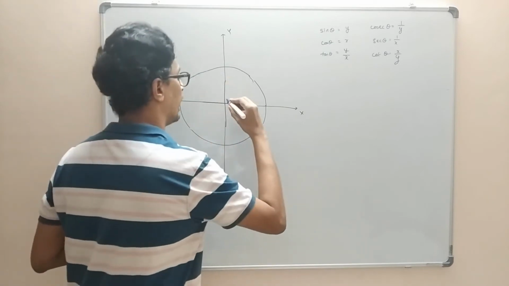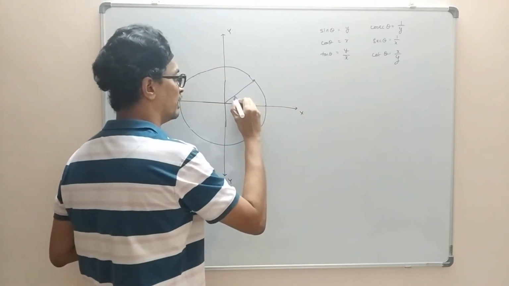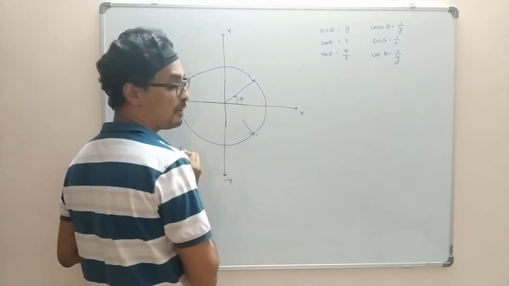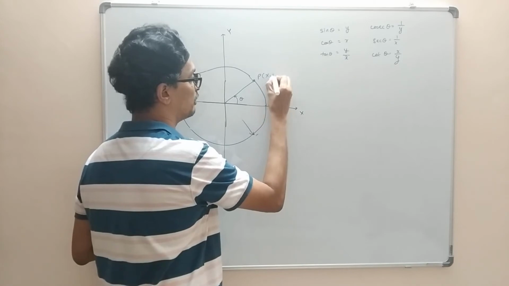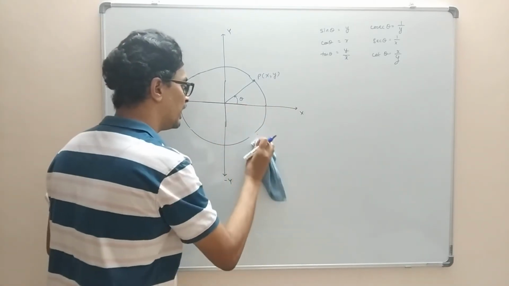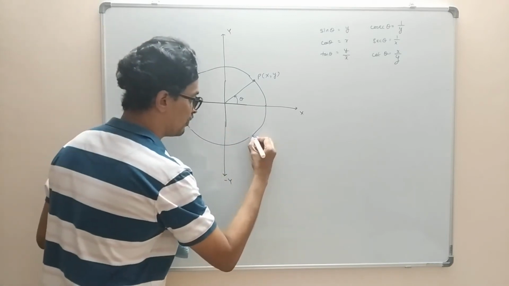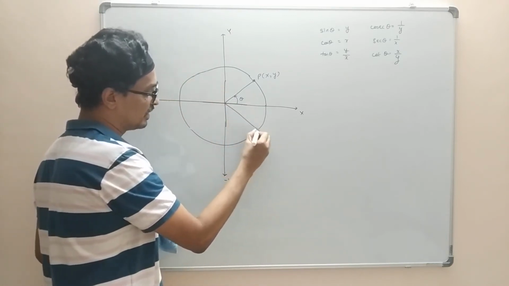This is your positive theta, with a point P equal to (x, y). Now I am going to draw a negative theta, the same angle but in the negative direction.